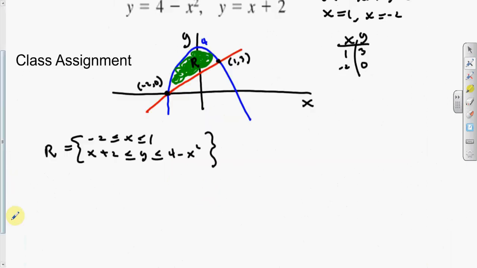You definitely need the right region to be able to calculate the area, because the area is based on that region, so that's most important.